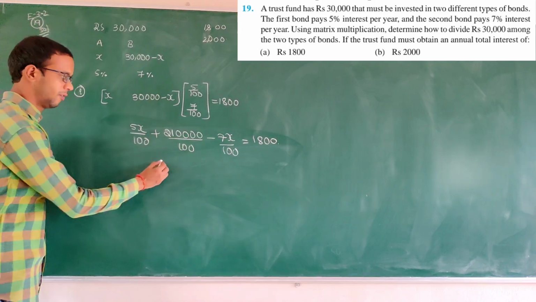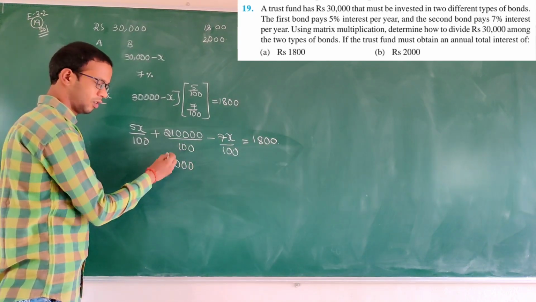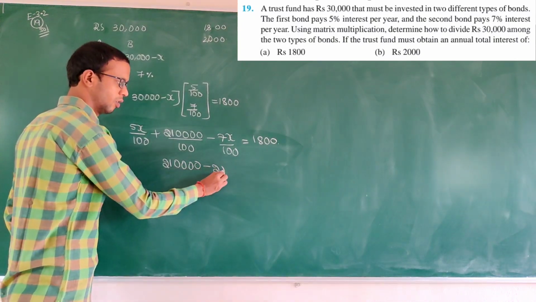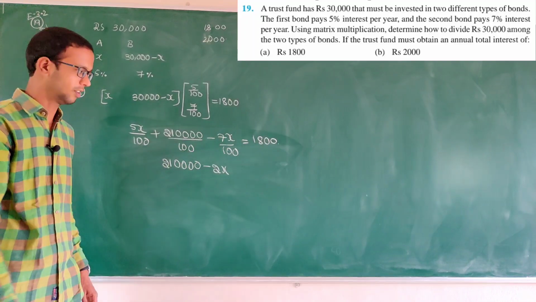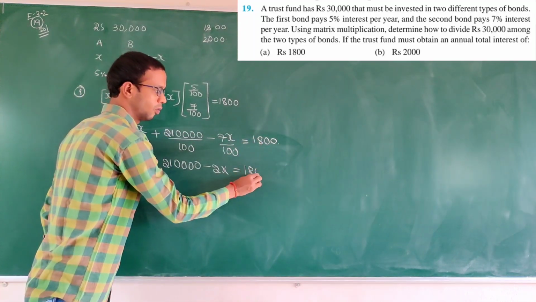If you take the LCM, what you will get? 21,00,00 minus 2x, 5x minus 7x is 2x, is equal to 100. If you send that side, more 2 zeros you will get here.